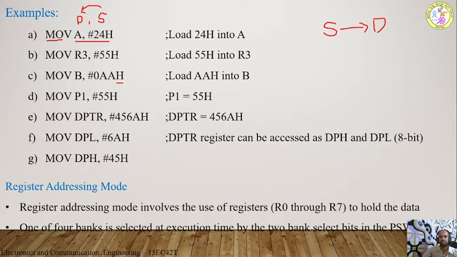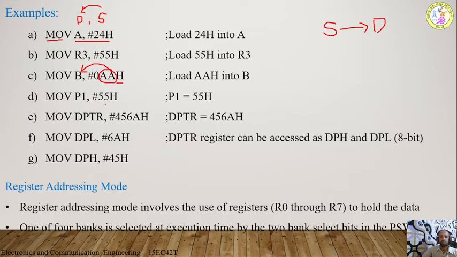If you don't write H, it will be taken as a decimal number. If you write H, it is taken as hexadecimal. So 0AAH is nothing but AA, and this data AA will be copied into register B.